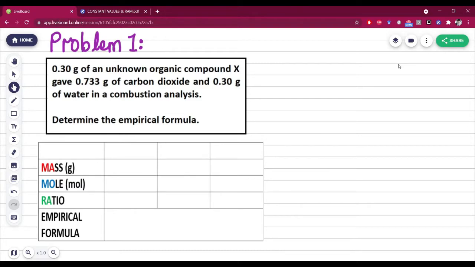In problem number 1, when you read the question, you can see that it gives you the mass of the unknown organic compound X and the combustion analysis.